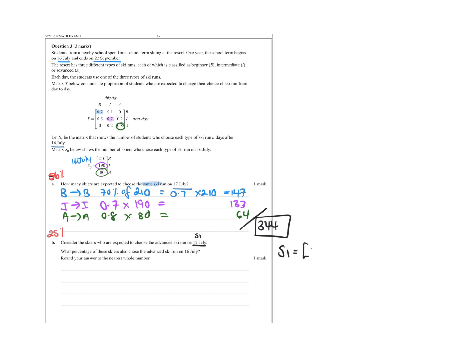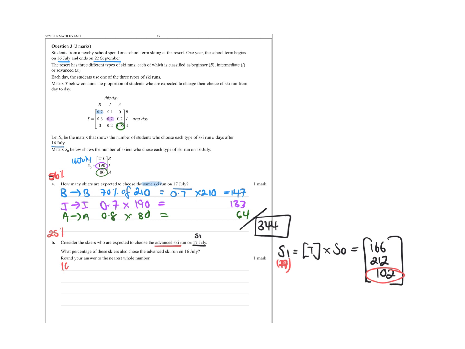S1 is the transition matrix times S0, and then we end up with this. They're saying of the ones who are expected to do the advanced on July the 17th, so that means this bottom number.